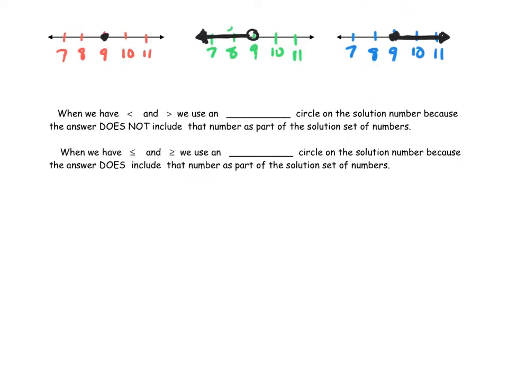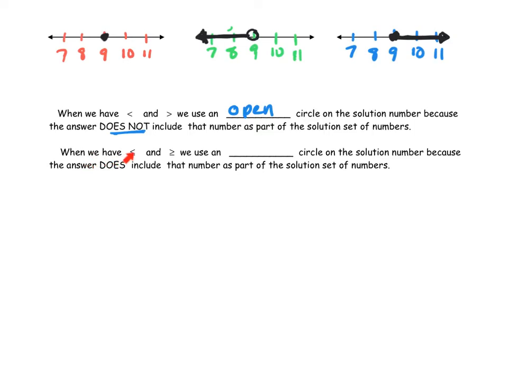So let's review a very important point that we just talked about. When we have the less than symbol or the greater than symbol, we use an open circle, meaning that the number is not included. The number that we see is not part of the solution. So the only way to convey that would be to put an open circle as we did in this example.